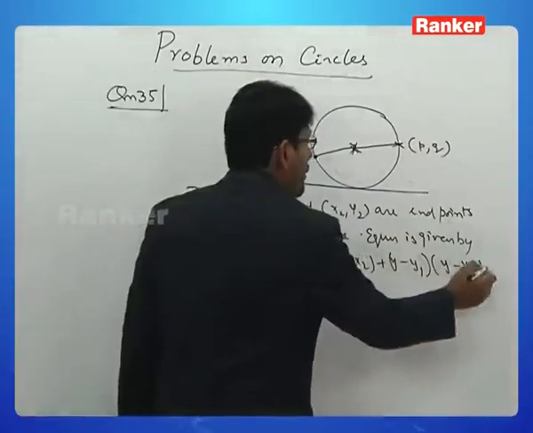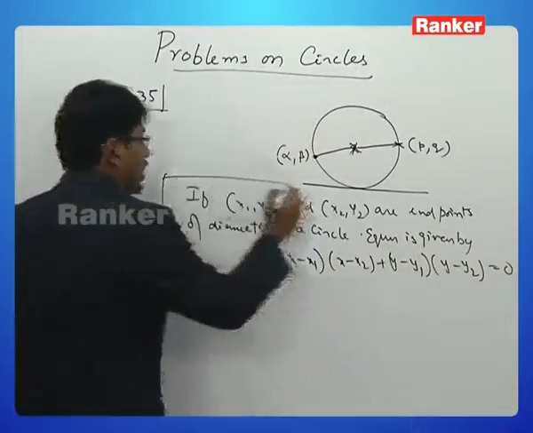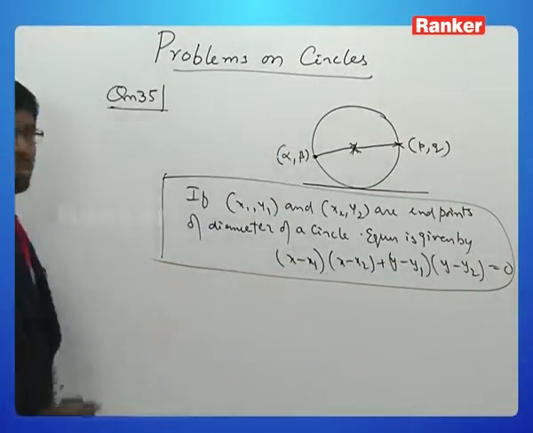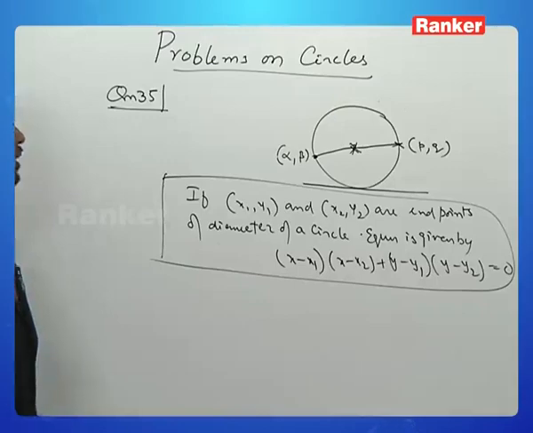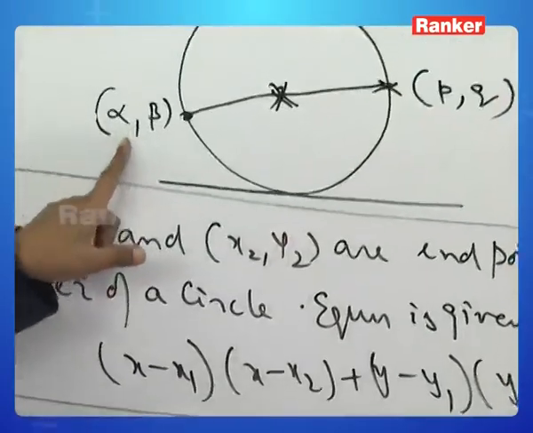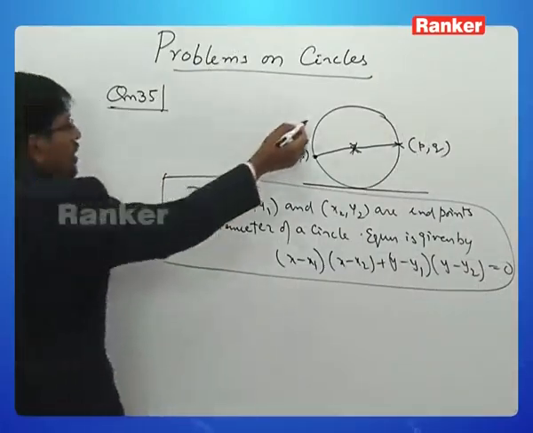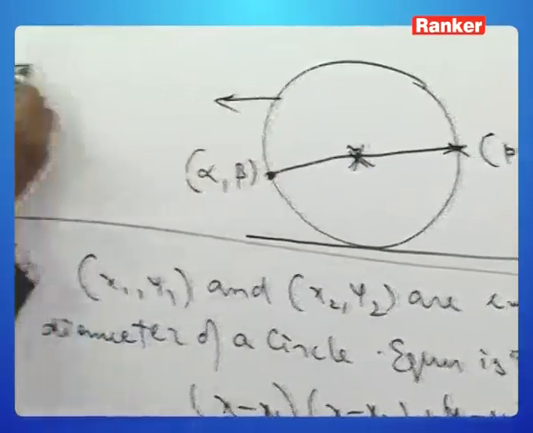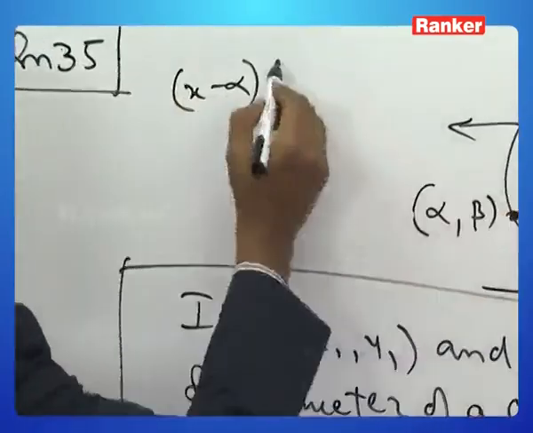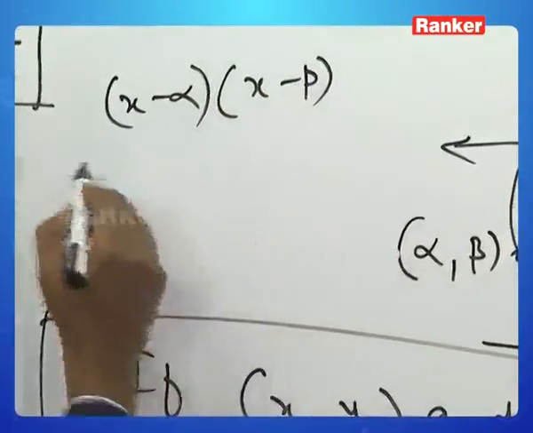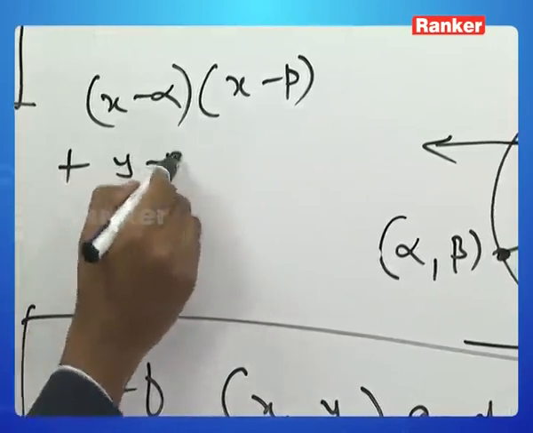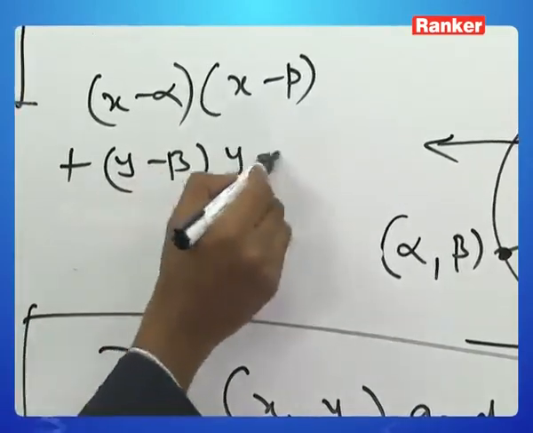This we know. So this is the formula we will be using here. Let us think that this is x1 y1 and this is x2 y2 here. So what will be the equation of this circle? x minus alpha into x minus p plus y minus beta into y minus q equal to 0.